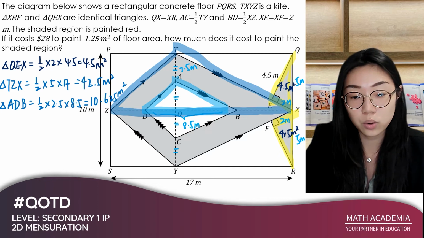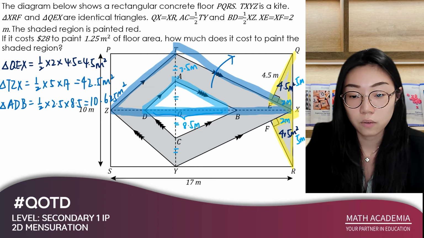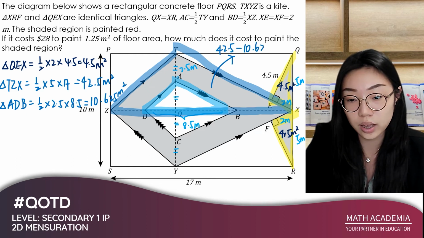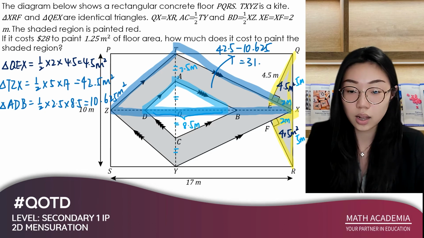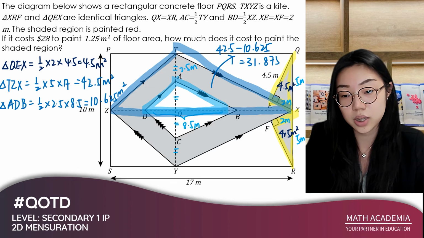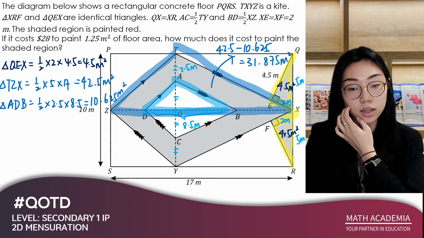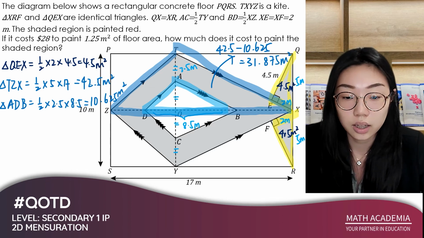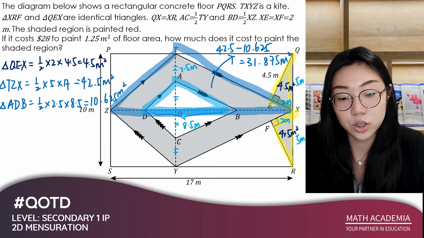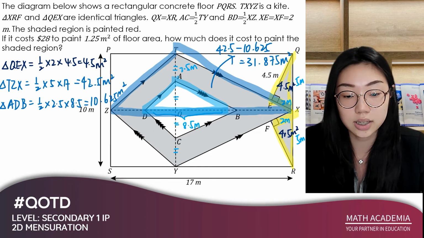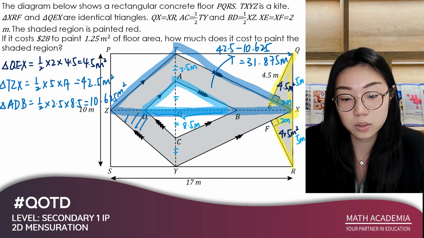So therefore, we know that the area of this shaded region here would be 42.5 minus 10.625, which gives me 31.875 meters squared.